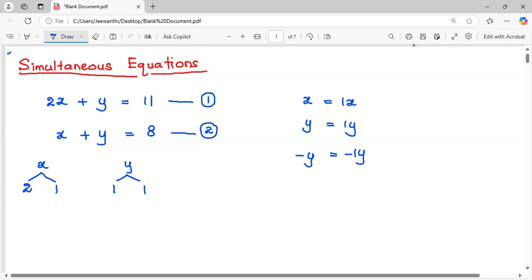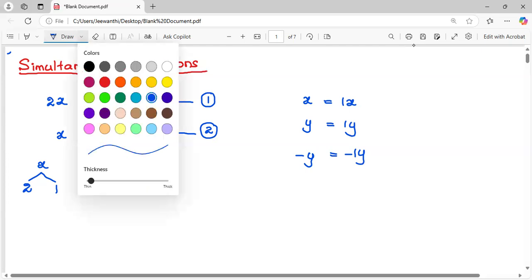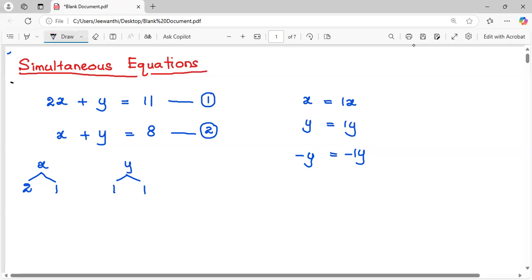In this example, x has coefficients 2 and 1, and y has 1 and 1. Based on looking at these coefficient values, we can understand that this is something we can eliminate easily. So this is the elimination variable, this is the elimination part, right?